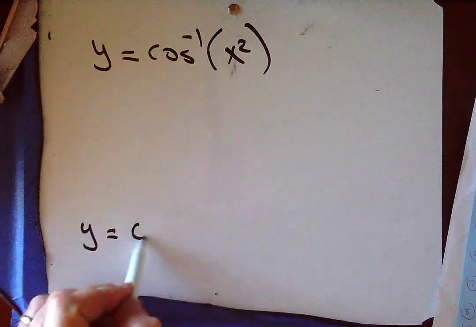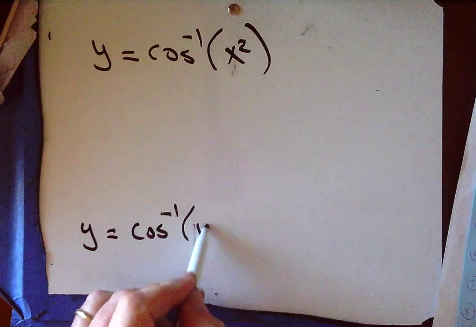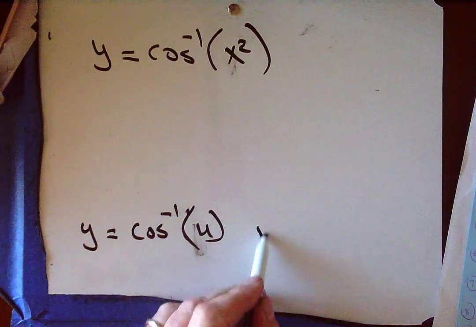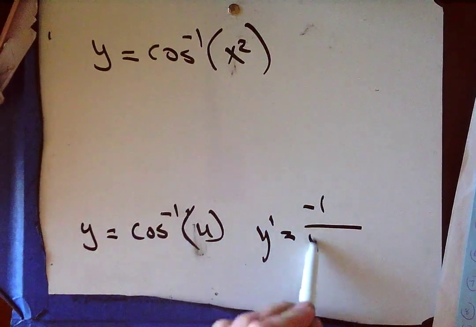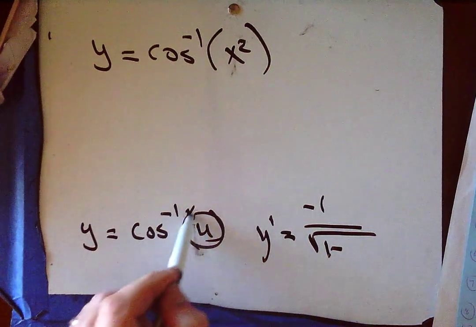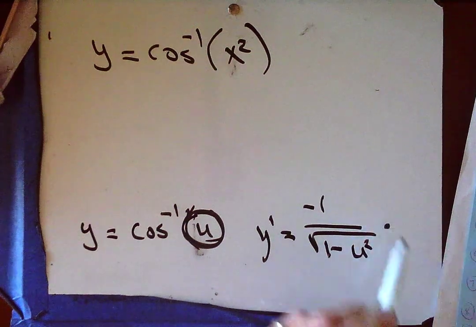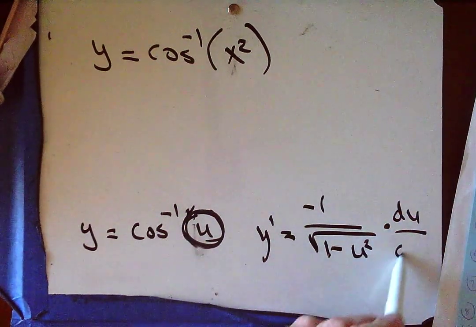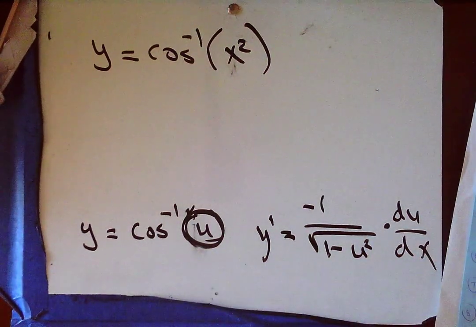Remember, the derivative here will be y prime equals the derivative of inverse cosine, negative 1 over square root of 1 minus this thing, whatever that thing is, squared, times the derivative of this thing with respect to x. All right, that's that chain rule. That's taking the derivative of the inside.